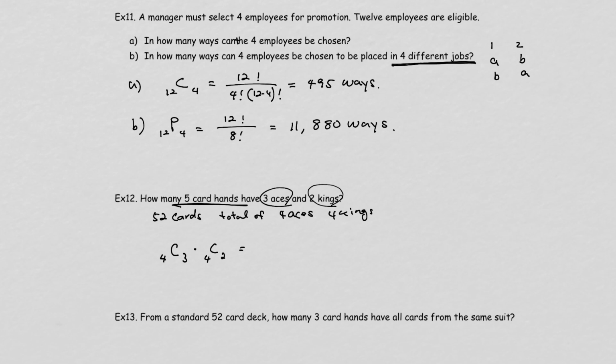When you do that, you get 4 factorial over 3 factorial times 4 minus 3, which is 1 factorial, times 4 factorial over 2 factorial times 4 minus 2, which is another 2 factorial. This gives you 4 times 6, which is 24.